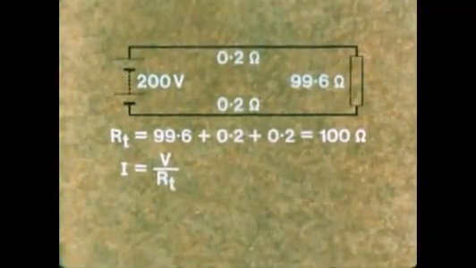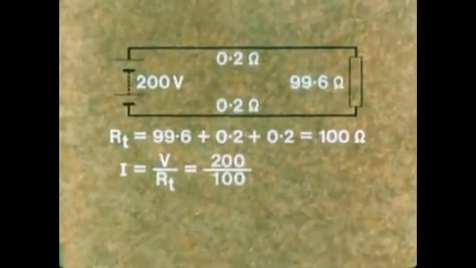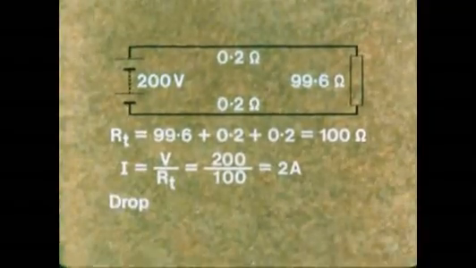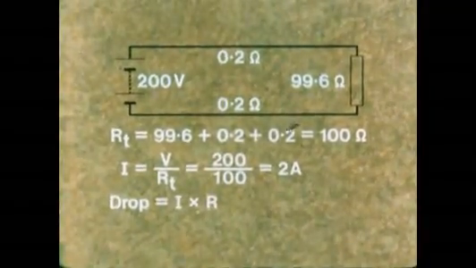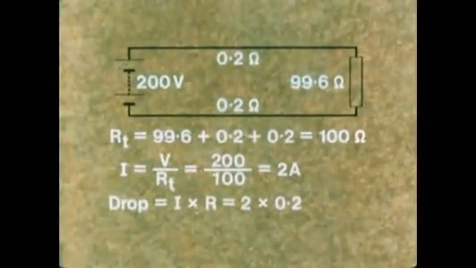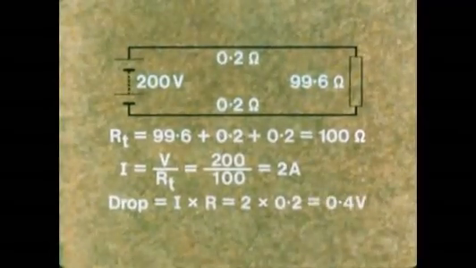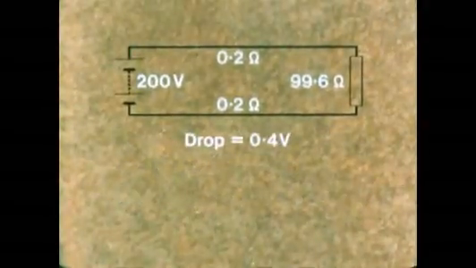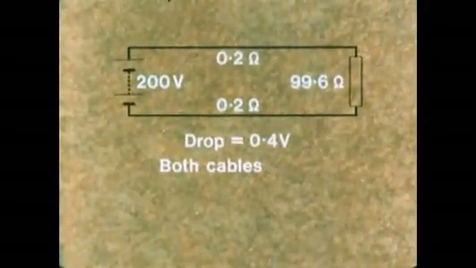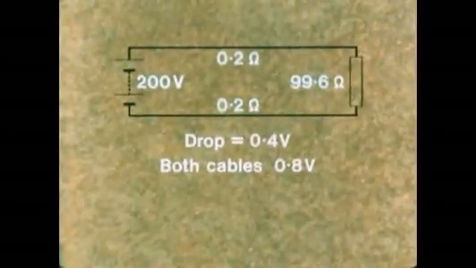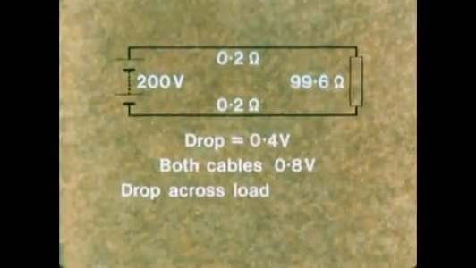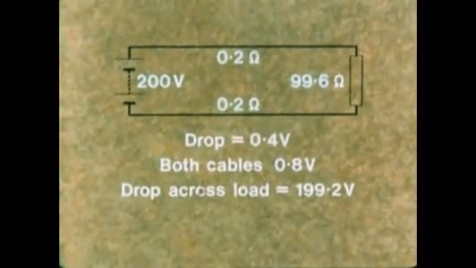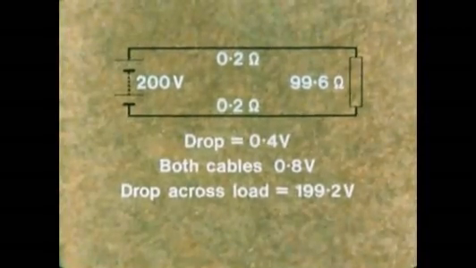V over RT gives us that, and it is 2 amps. The voltage drop in each cable is given by I times R. That is 2 times 0.2, 0.4 of a volt. So the total voltage drop in both cables together is 0.8 of a volt, which makes the drop across the load 199 2/10 volts. So we can deal with the resistance of the cables if we need to.